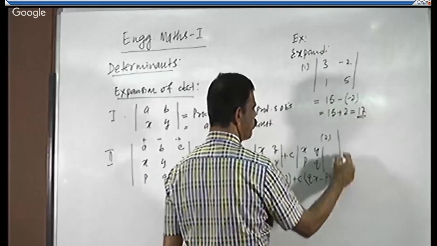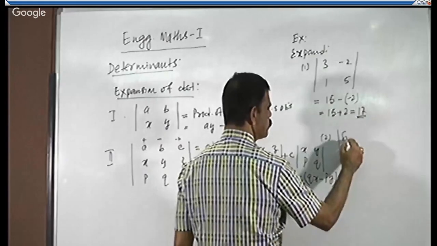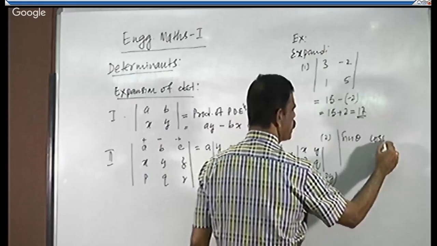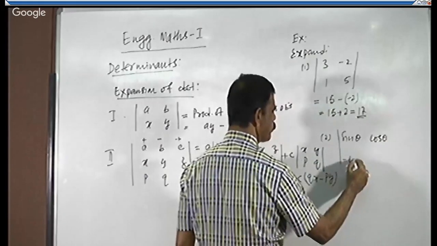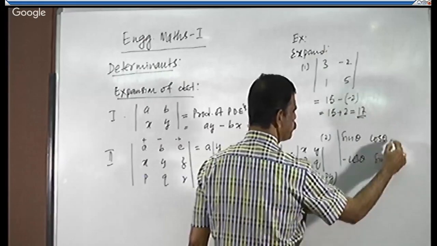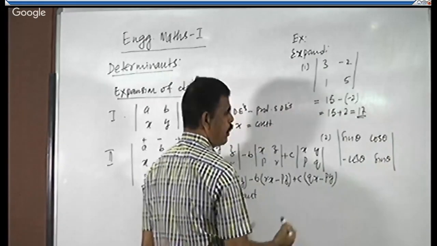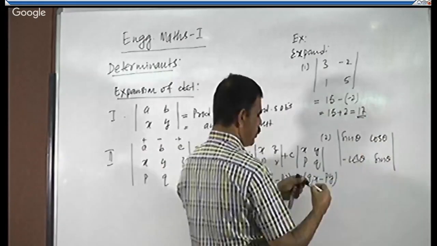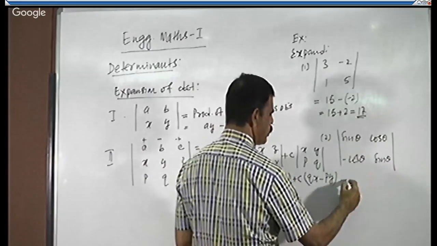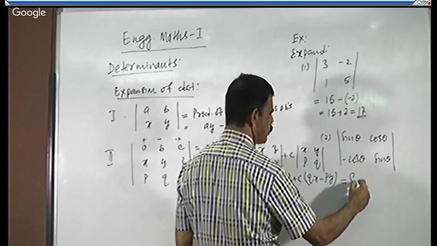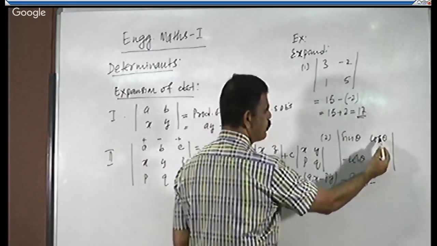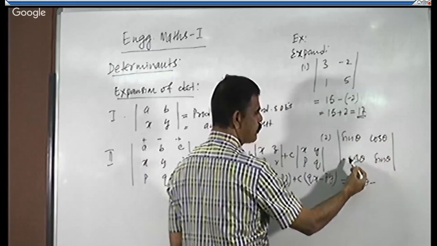Take the second example. Sin theta, cos theta, minus cos theta, sin theta. Which are the principal diagonal elements here? Sin theta and sin theta. Their product is what? Sin theta into sin theta is sin square theta, minus of cos theta into minus cos theta.